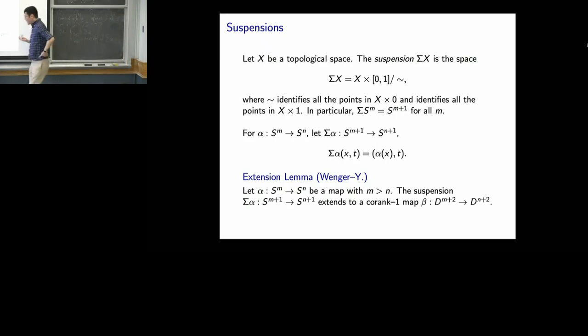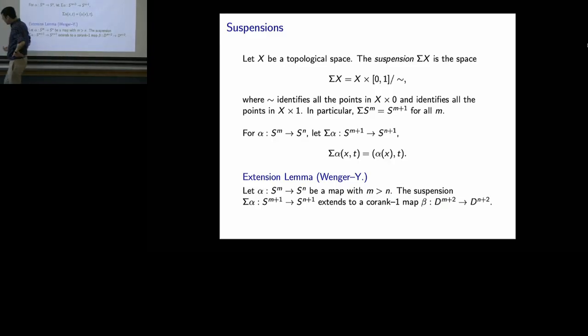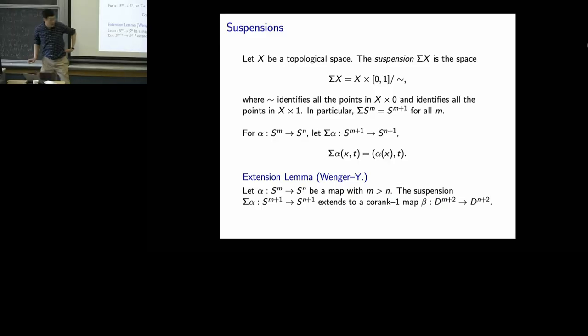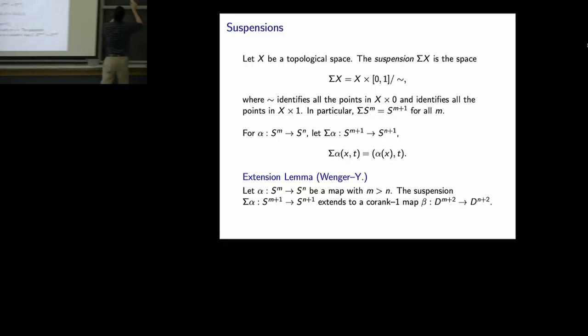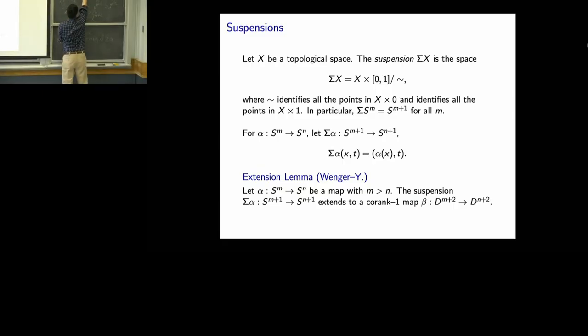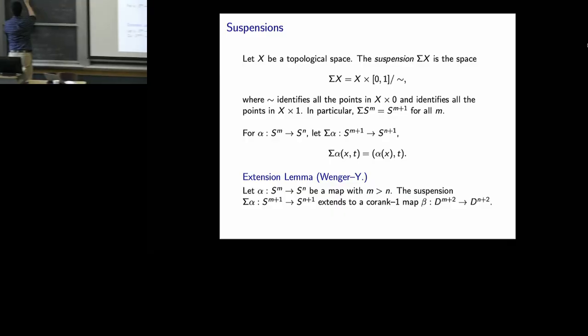Now, there's a topological obstruction here. This isn't always possible. We can't always take a map like this from the boundary of a cube, the boundary of D^(n+2), to the boundary of D^(n+2), and then break it down into a bunch of these little maps. But here we can.